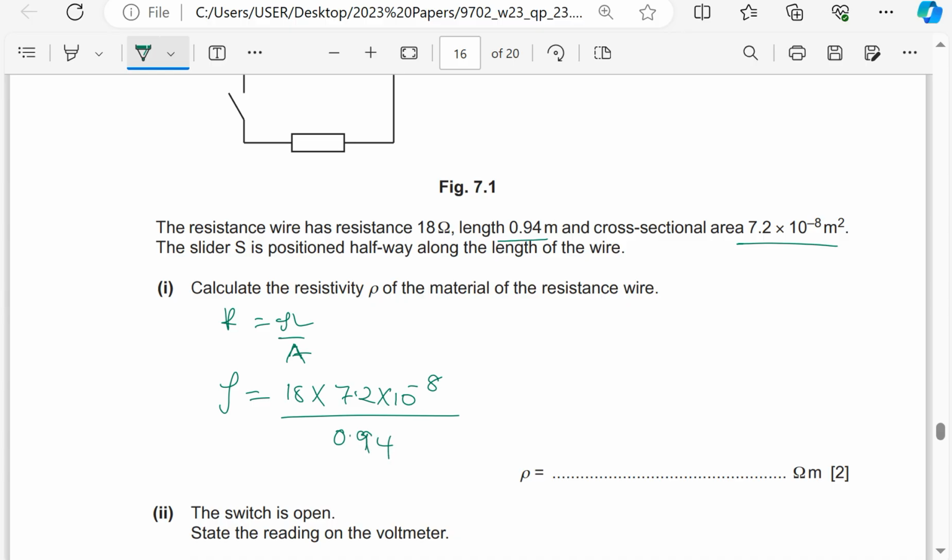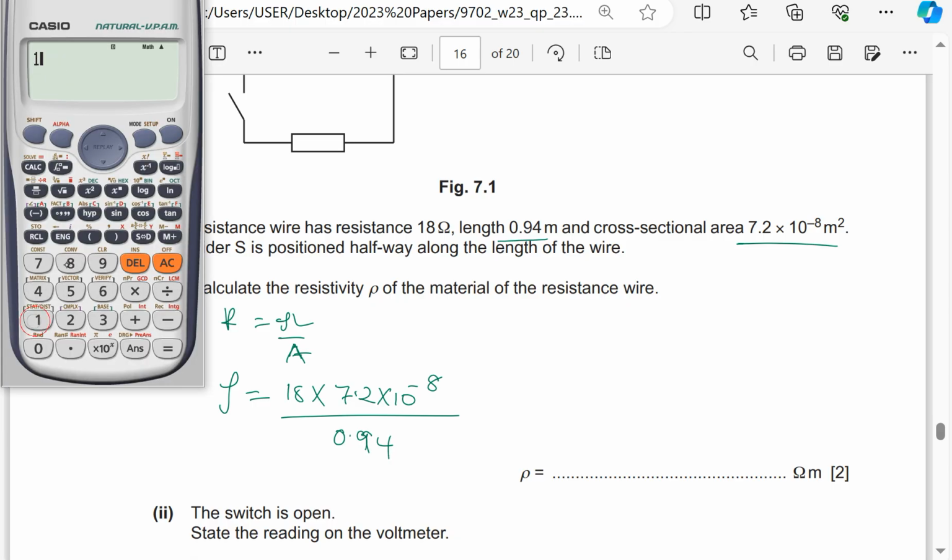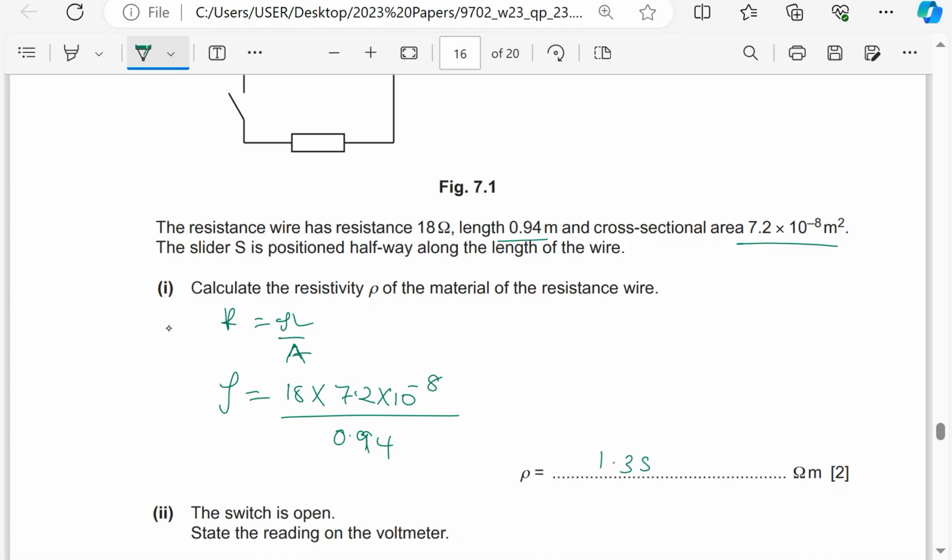So I'll just press my calculator: 18 times 7.2 exponent minus 8 divided by 0.94. So that is 1.38 times 10 to the power of minus 6.